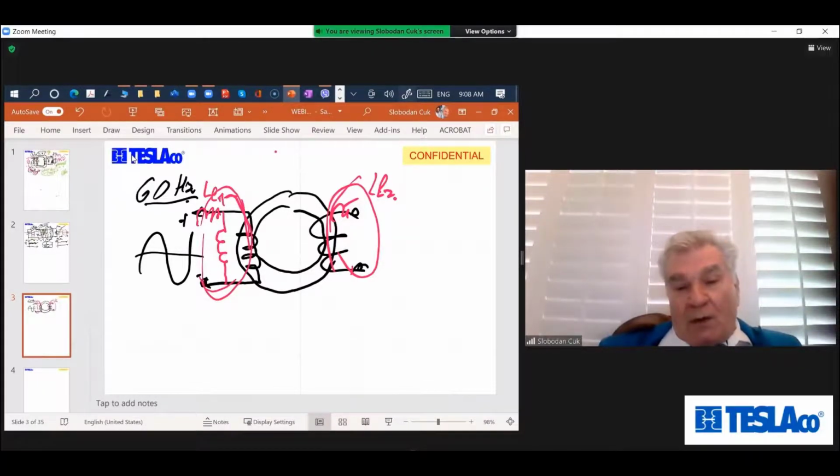Do you know that the 60 Hz transformer, or for that matter 400 Hz, etc., actually have intentional leakage inductance, with primary and secondary windings on separate legs? You know, if you have a core.